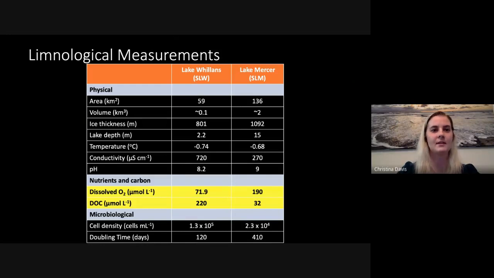And with this, you can see in the cell densities that they are much higher in the Willans system than what we were seeing in the Mercer system, which has much lower dissolved organic carbon as well as much higher oxygen concentrations. And this is also supported with the doubling times of the organisms we found being about 4 times longer in Mercer to have a generation time.